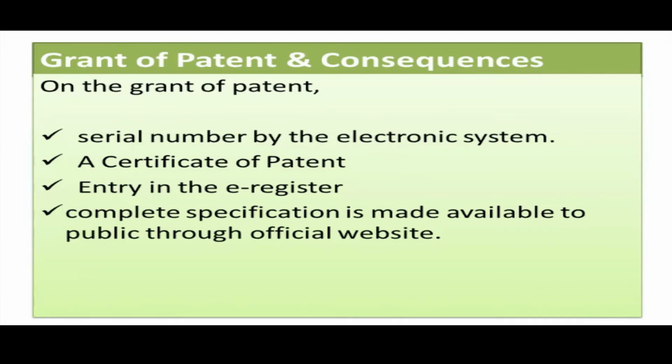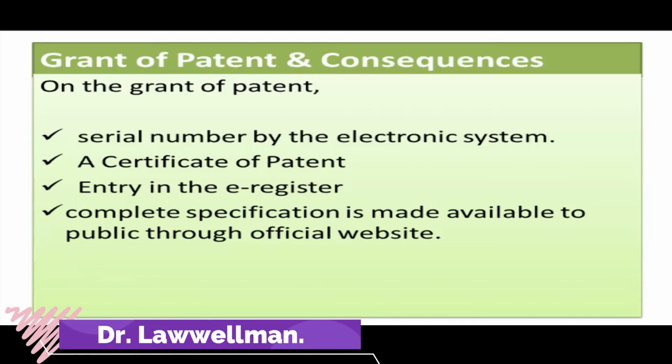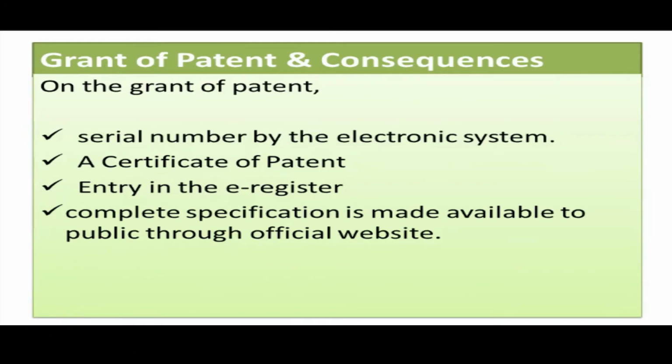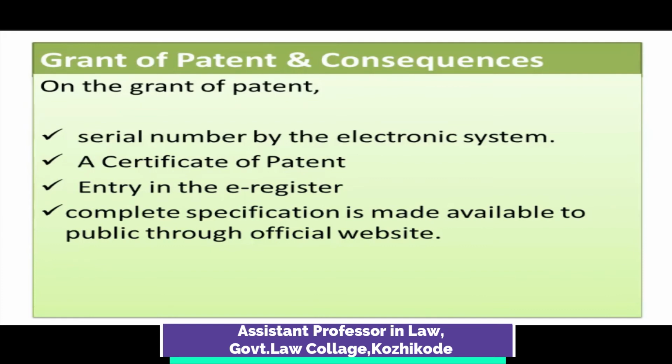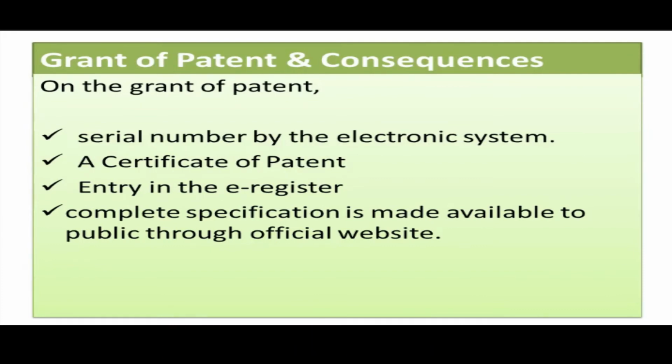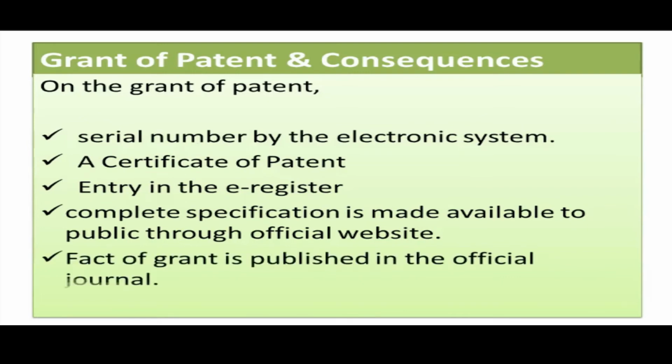If you go to the Intellectual Property Office of India website, you have different pages and sections wherein you get information regarding patents as well. Through that website and their journal, the information of grant of patent will be made known to the public, and it is as good as saying that it will be published in the official gazette. The fact of grant is published in the official journal.